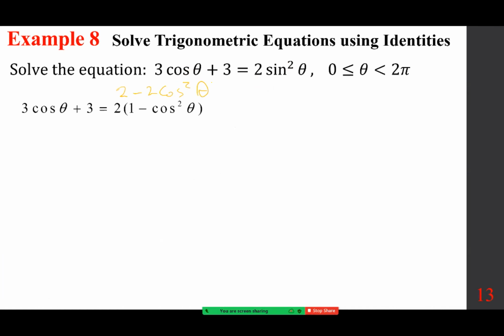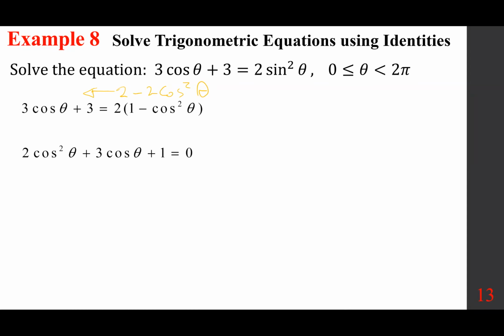We want to bring everything to the same side and put it in descending order. Since minus 2 cosine squared is on the right, if we move everything to the left, that negative 2 cosine squared becomes positive 2 cosine squared, then the 2 becomes negative, and the positive 3 becomes 1. So we have 2 cosine squared plus 3 cosine theta, and this 2, remember, becomes minus 2.